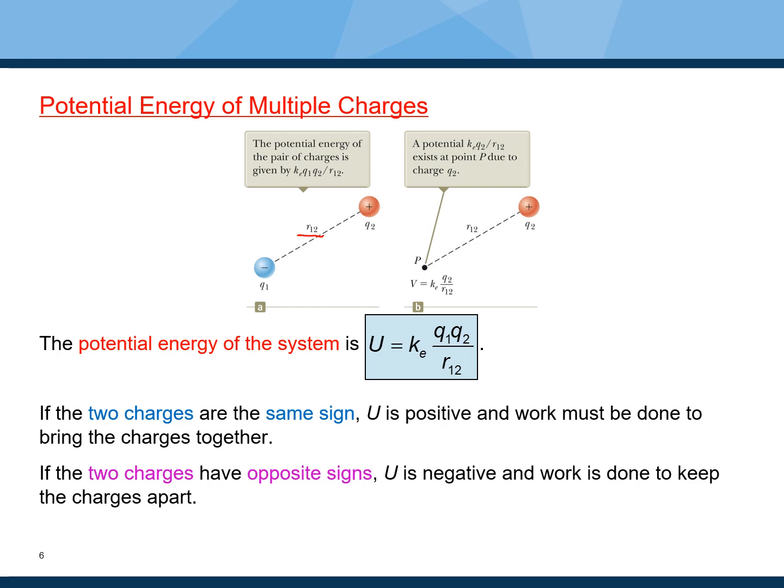But as you bring the charge q2 into the vicinity of the charge q1, imagine that this charge q2 has been brought in from infinity to this location out here, then it experiences a potential in the vicinity of charge q1. I'm sorry, I shouldn't have said potential, I should have said potential energy.